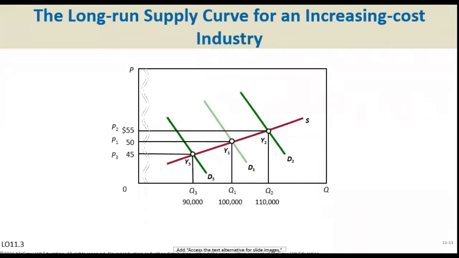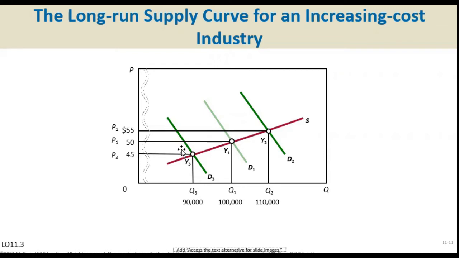Now let's move to the second scenario, the case of an increasing cost industry. The long-run supply curve for this type of industry is upsloping. You can see that there is a positive correlation between the price and the quantity. In this type of industry, entry of new firms in response to increasing demand from D3 to D1 to D2 will build up resource prices.